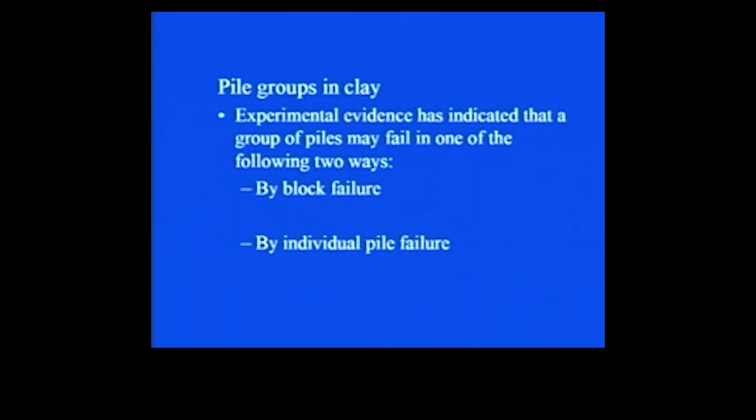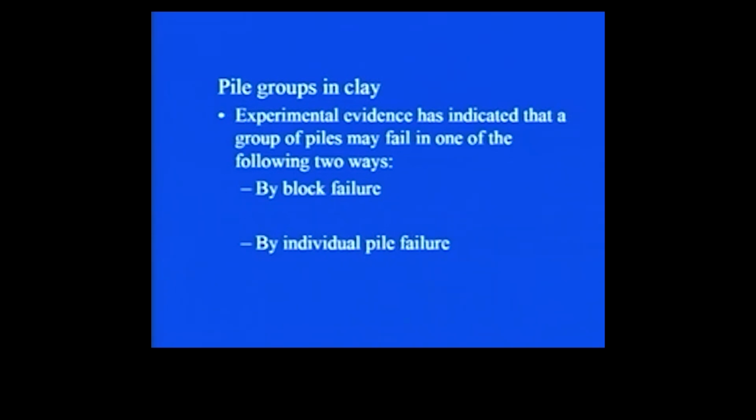Now, let us look at how the behavior of the pile group varies depending on the type of soil in which the piles are to be installed. First, let us take pile groups in clay, that is, the piles are to be installed in a clay deposit. Experimental evidence has indicated that a group of piles may fail in one of two ways: by block failure or by individual pile failure.